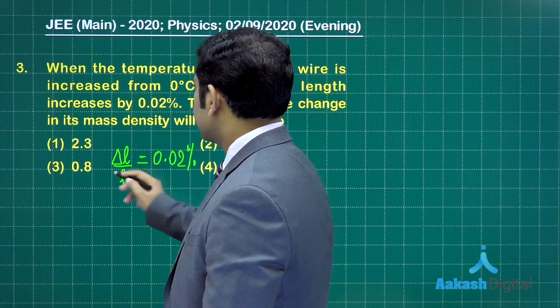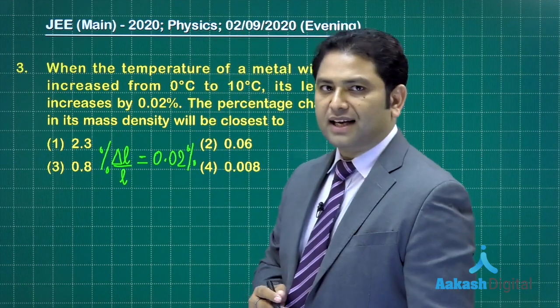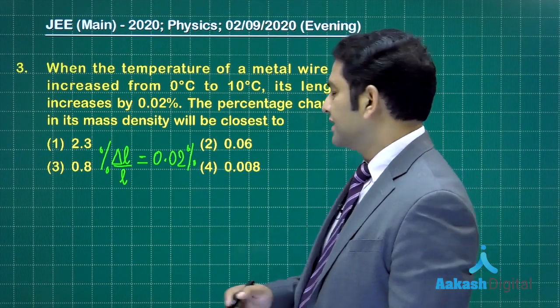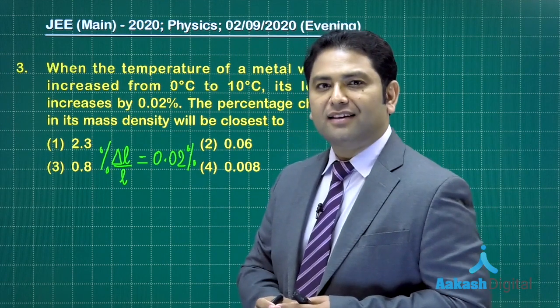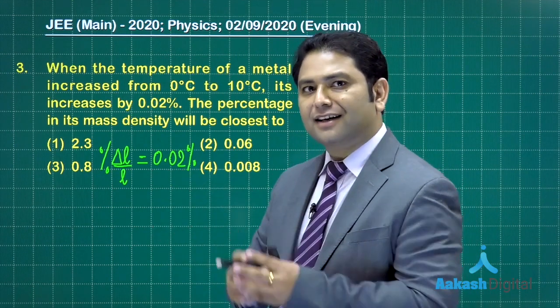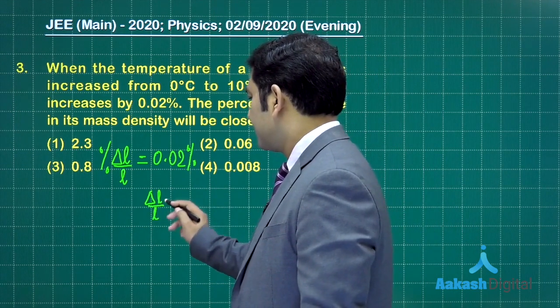All right, so that's a percentage change in length. And you also know that this particular percentage change can always be related to delta L by L equals alpha delta theta. So that's how you can straightaway use the concept.